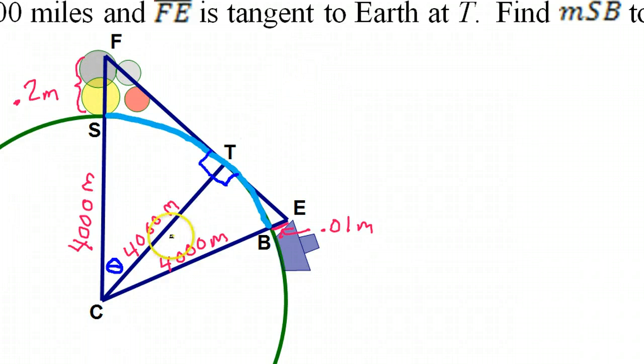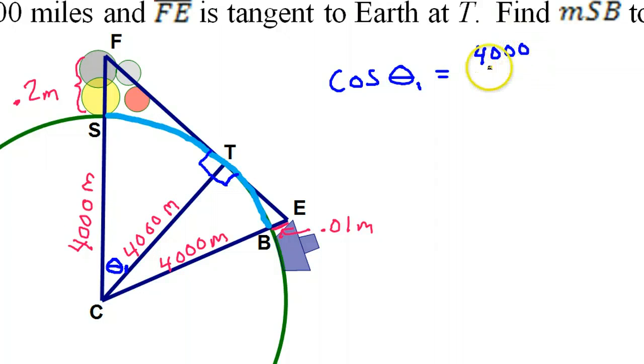Adjacent and hypotenuse, that was the cosine function, if you can recall. So the cosine of theta 1, because I also have theta 2 coming, is adjacent over hypotenuse. So that's 4,000 miles over 4,000.2, which is 4,000 plus 0.2.